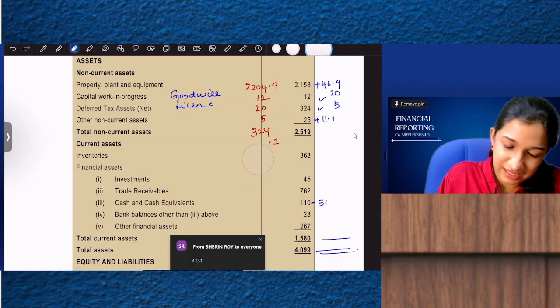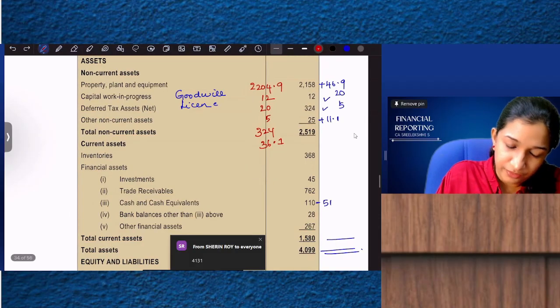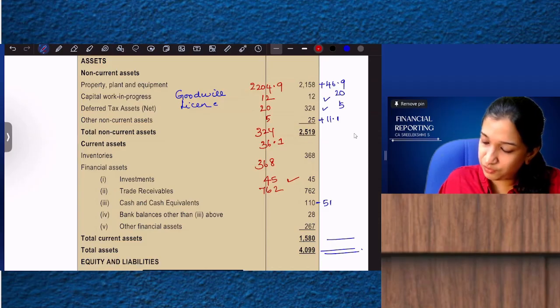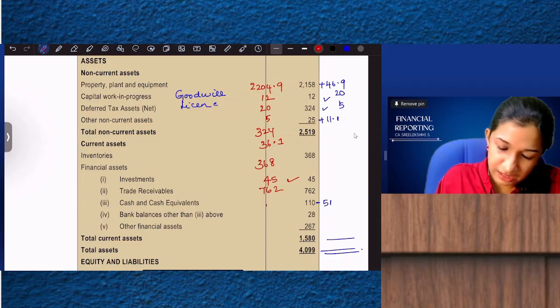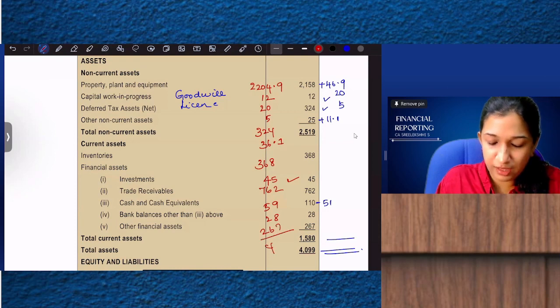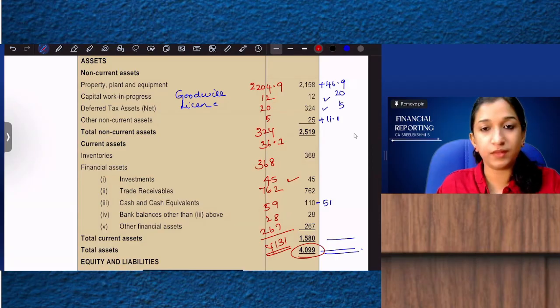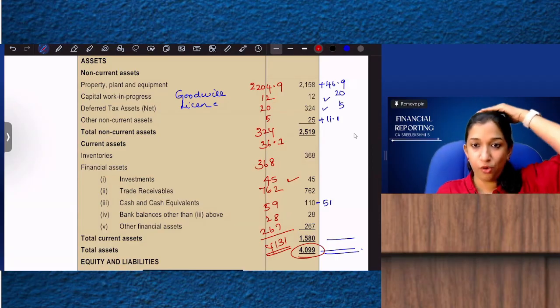It's 368. Oh, sorry. 368. 45 no change. Trade receivables no change. This is 110 minus 51. It is 59, 20, 267, 4131.